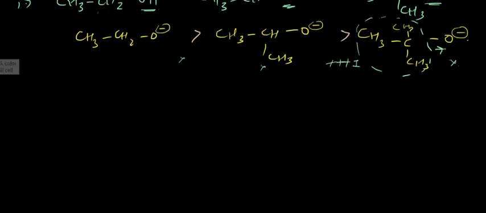Okay, so I explained this example so that we can take on our next examples quickly. But in the next examples I won't be drawing the conjugate base structure, we will be telling the stability orally.